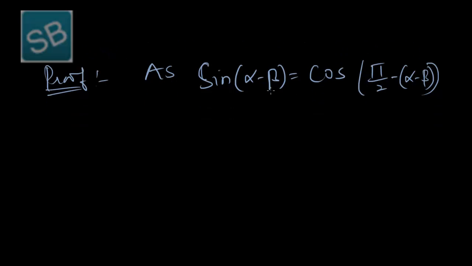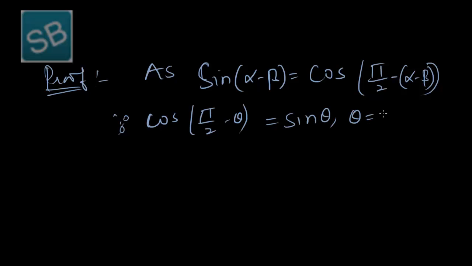So we are using this result, that is, cos of pi by 2 minus theta is equal to sin theta, and here theta is equal to alpha minus beta. So we are using this result for proving theorem 2.